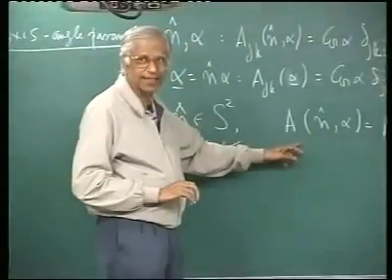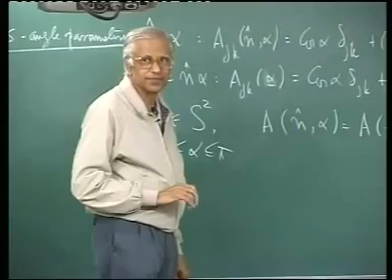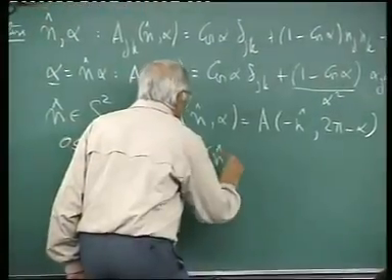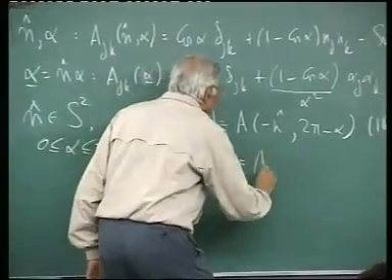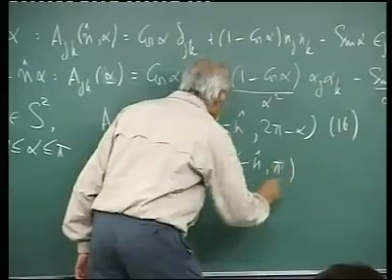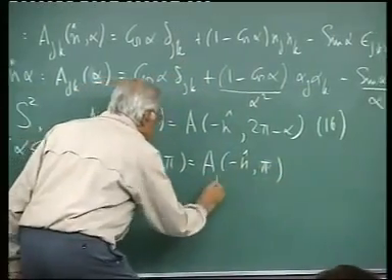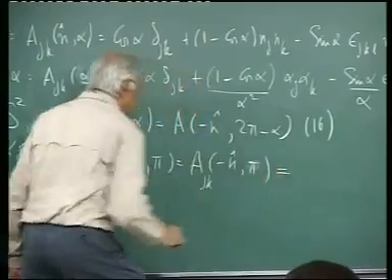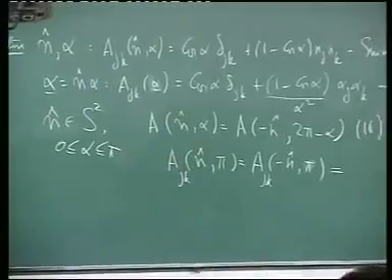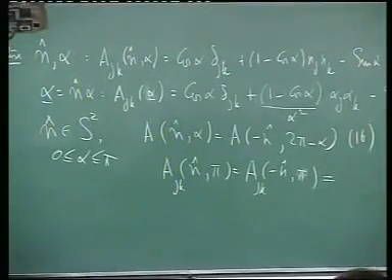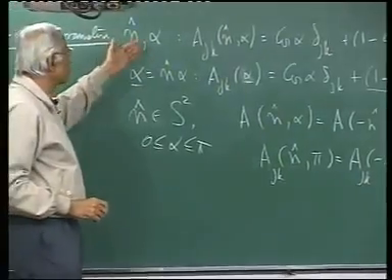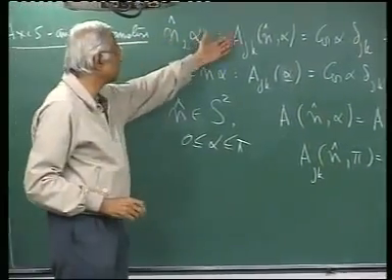In this equation. Yeah, exactly. In the case alpha equal to pi, let me write it here. What is the matrix element jk when alpha is pi? Read it off from here. Put alpha equal to pi here, on the right.